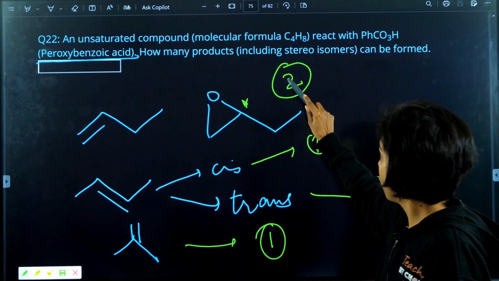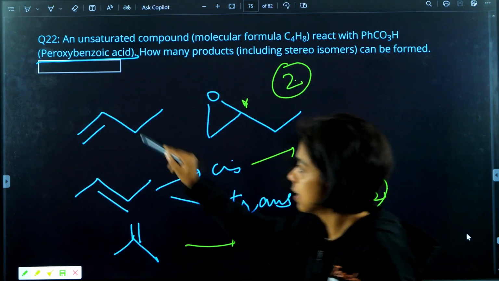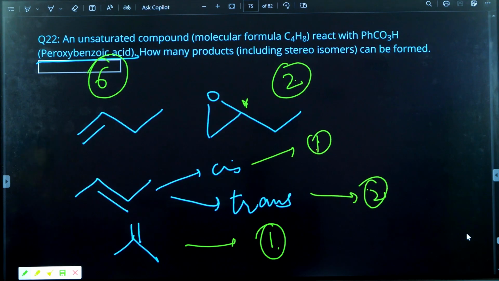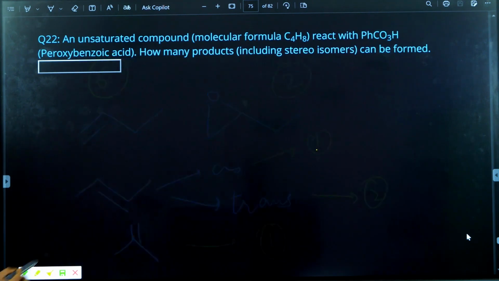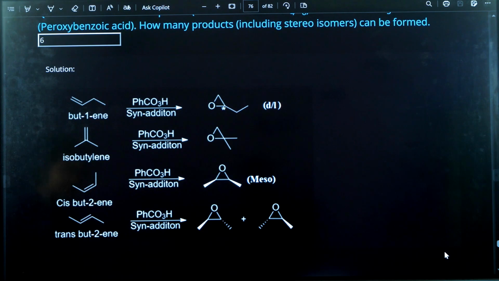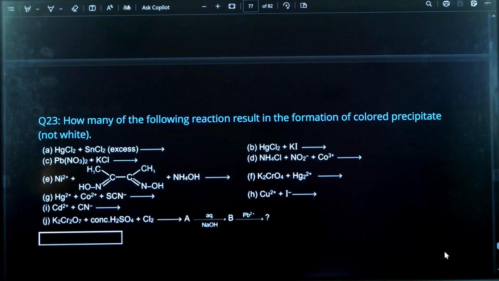Chiral carbon is there. 1, 2, 3, 4, 5, and 6. 6 is the product. This is epoxidation. The question is based on epoxidation, the syn addition on a double bond by peroxy acid. So guys, you can have a look also. The answer is 6. Please see. So with cis you get a meso compound, and with trans you get two isomers, right? You can see. Okay guys, let's move ahead.